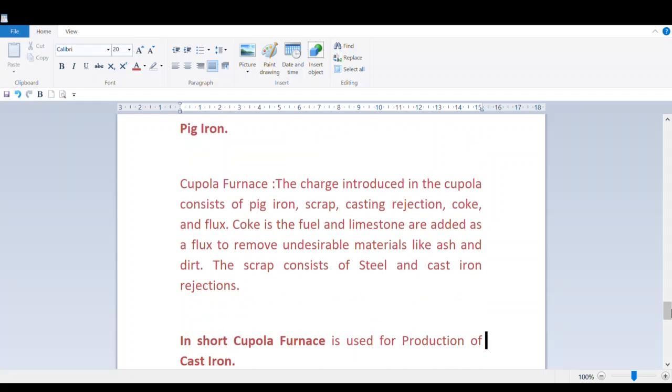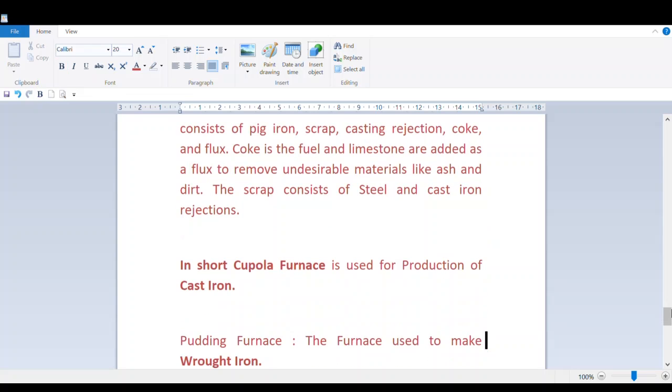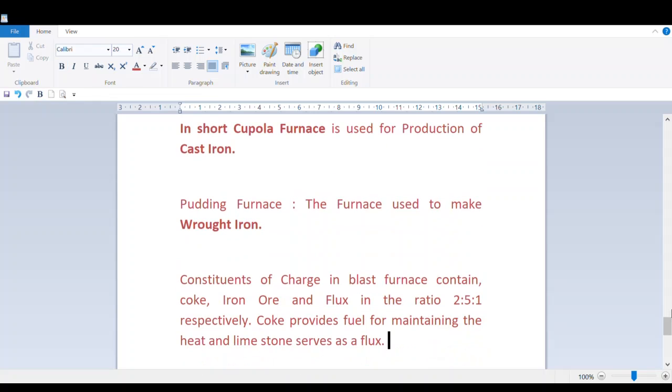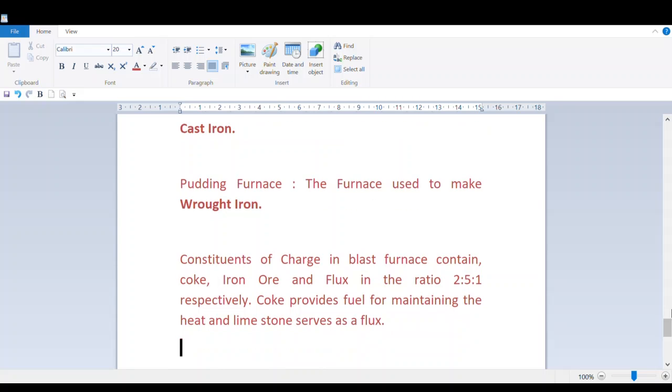Again, the cupola furnace is similar. Iron, scrap, casting rejections, coke, flux, etc. are fed into it. The output is steel, cast iron, and cast iron rejections. In short, the cupola is used for the production of cast iron. What is a puddling furnace? A puddling furnace is used for the manufacture of wrought iron.